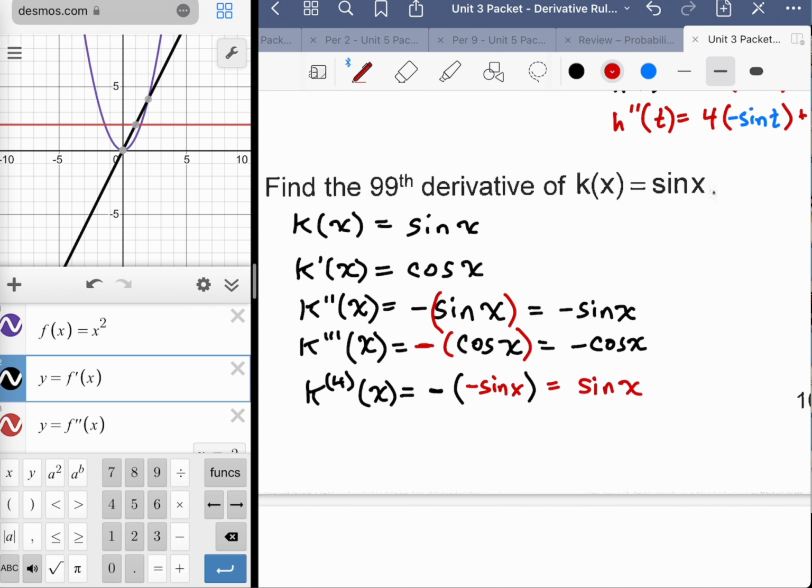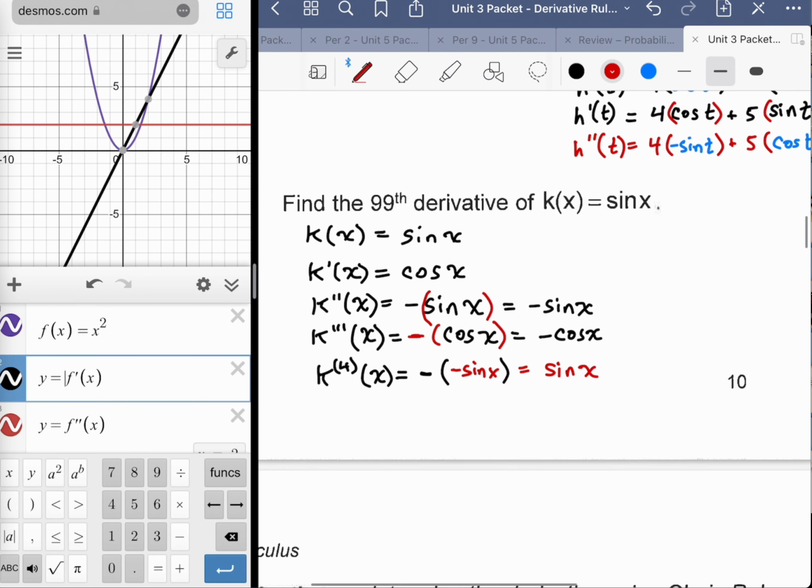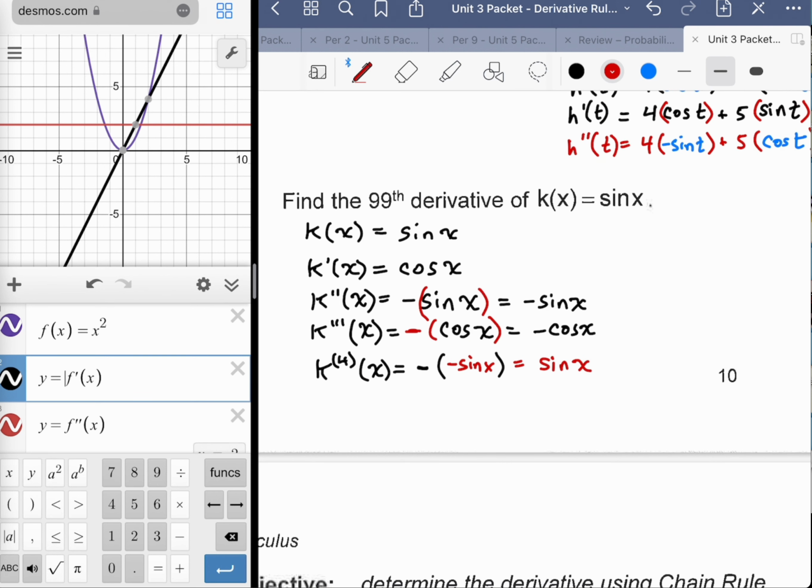We get a nice cycle here. If you remember powers of i, it's the same idea. It's a mod 4 cycle. So we really don't have to do this 99 times. Although when I have had classes in the past that didn't recognize that it was a cycle, I would just keep going.